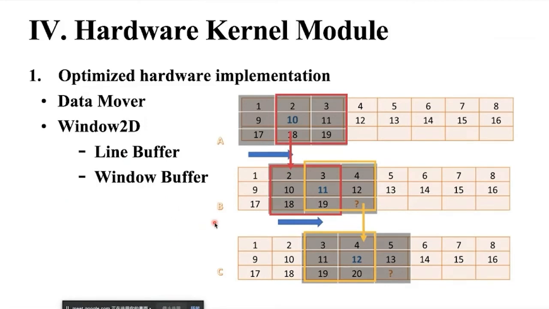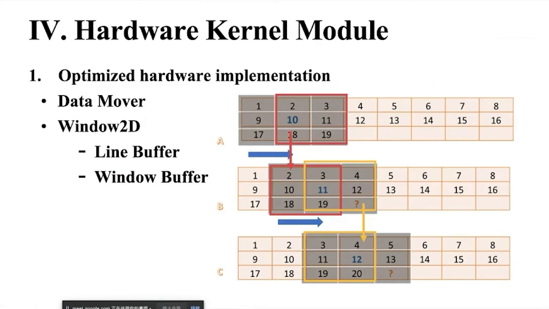In this example, the image size is 8 squared and the filter size is 3 squared. So the line buffer will be 2 times 8.